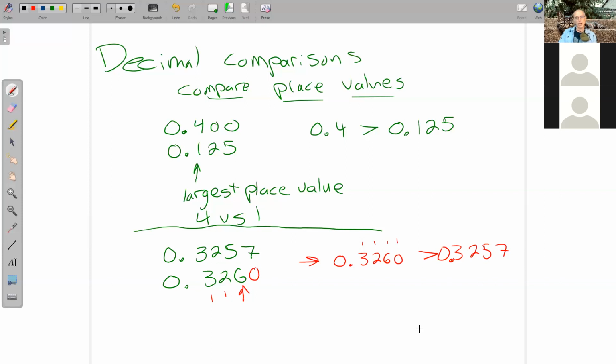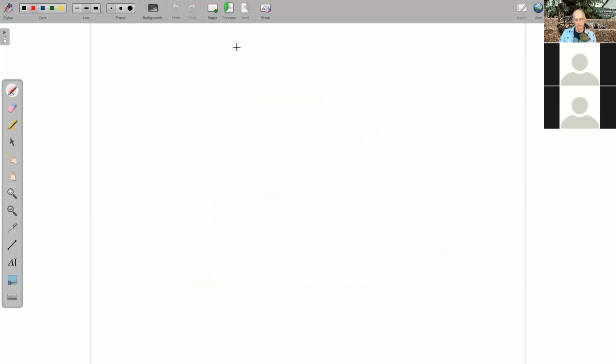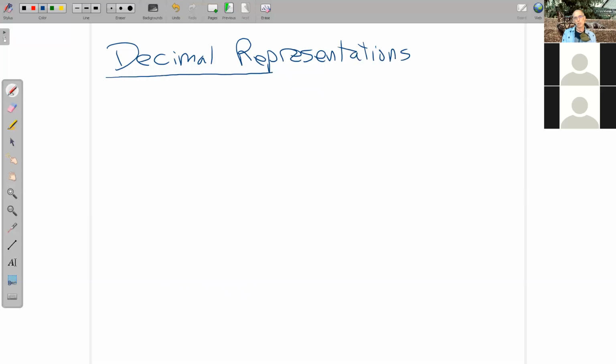Okay, so what's next? Decimal representations. So as far as representations of decimals, like how do we look at decimals, like model them? There's two main models.